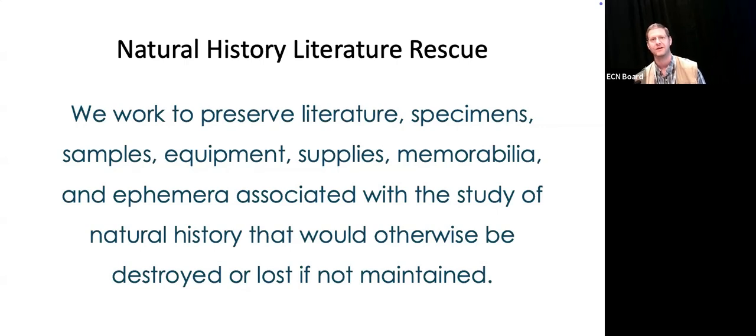A researcher had passed away. He had a very extensive home laboratory. His wife didn't know what to do with it. And so we hauled off an enormous amount of stuff. And so this was originally formed largely to save reprint collections, but I realize that we're going to have to cast a wide net.